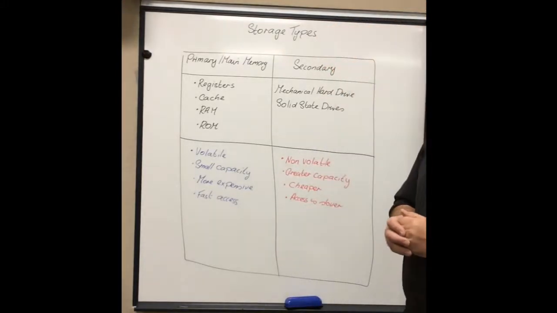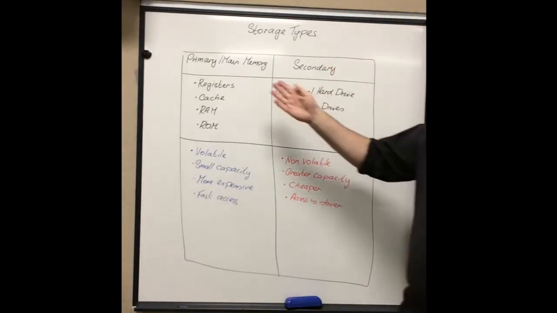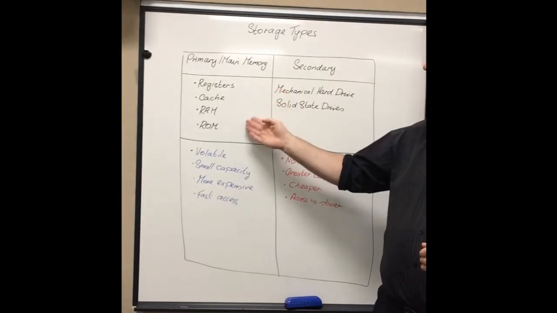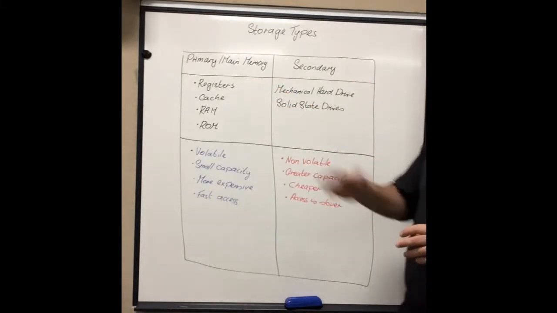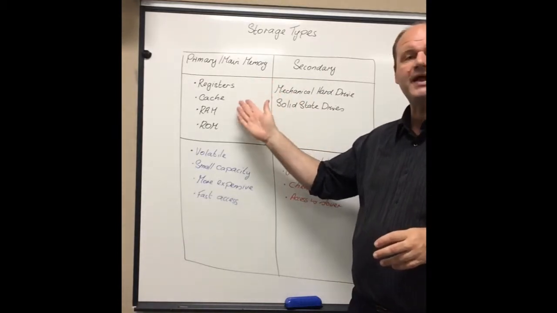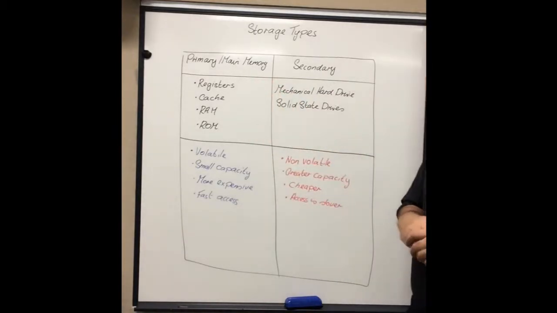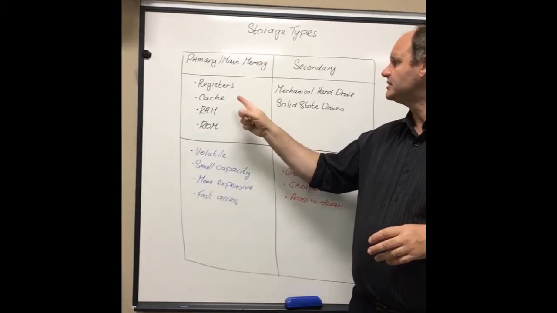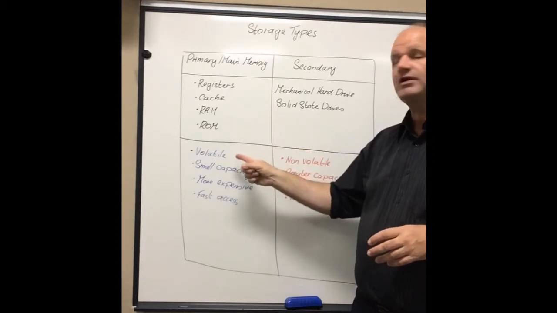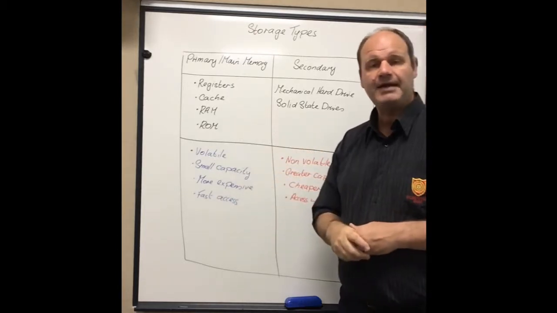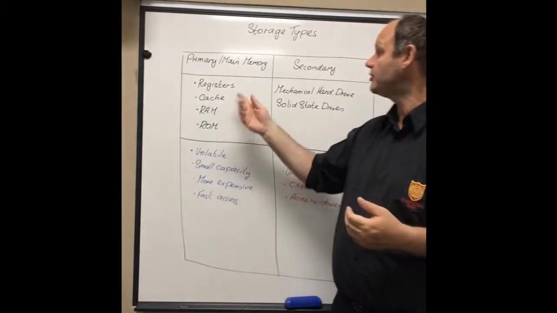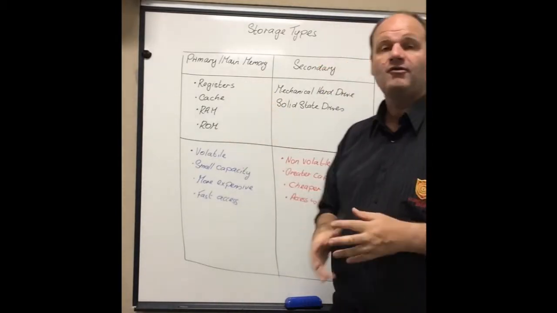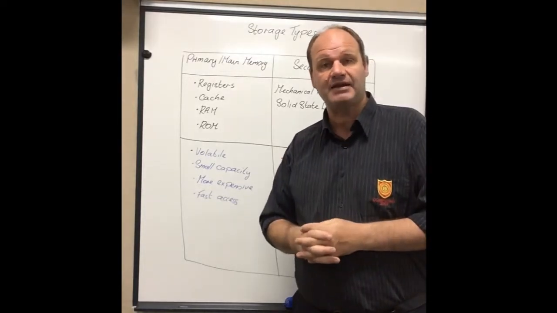So what we've looked at there is some information about main memory and secondary memory. The general pattern for main memory is that registers, cache and RAM have volatile memory. That means that it needs to have a constant current going through registers, cache and RAM for data to be retained.